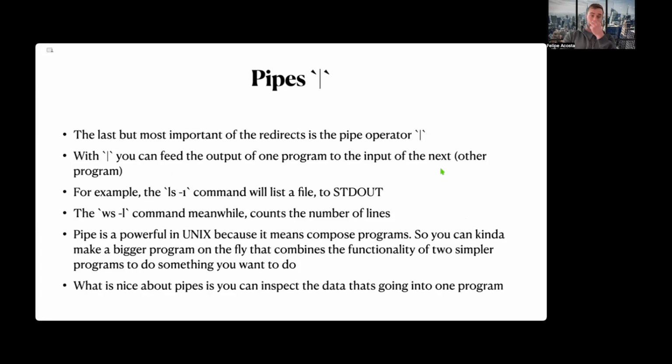Pipes. Pipes are super cool. The last but most important of the redirects is the pipe operator, which is that little symbol on top of the enter key or return key, depending on what computer you have. With pipe, you can feed the output of one program to the input of the next, kind of like chaining programs together.